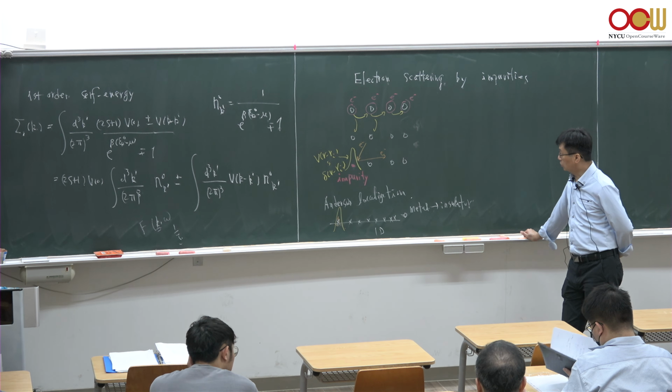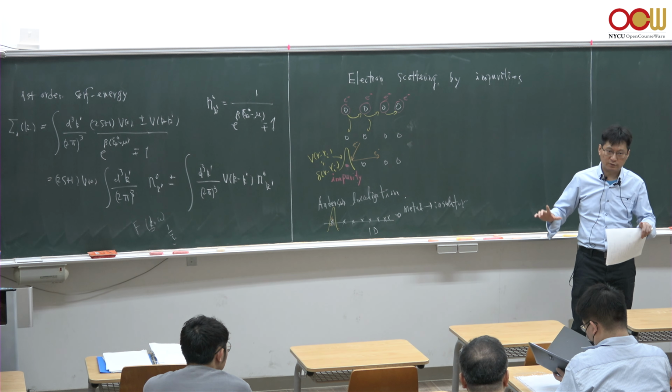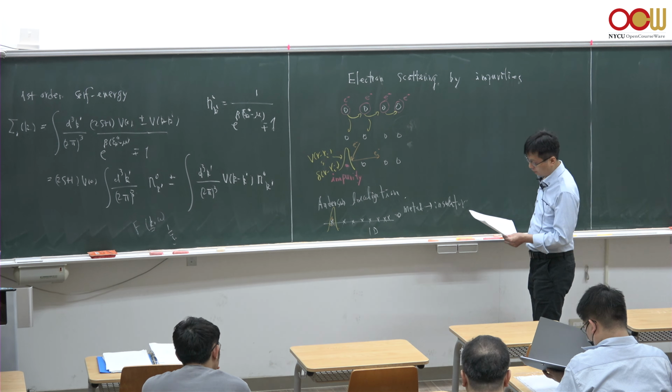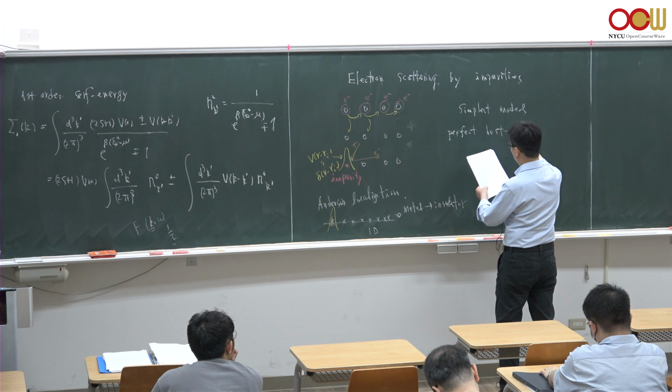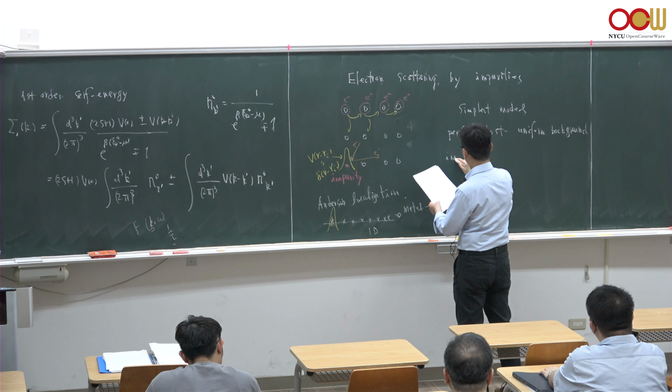So disorder and randomness are also very important when we talk about the Anderson localization problem, because we need to perform a so-called impurity average or disorder average. We will get there pretty soon. So let me define this model. This is the simplest model. We have a perfect host of atoms, which is a uniform charge-neutral background, and all the impurities are the same.